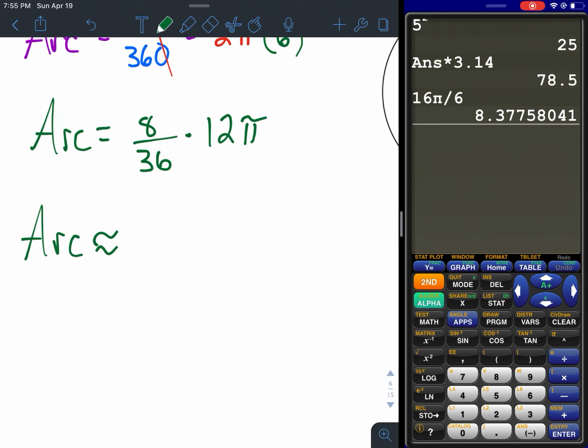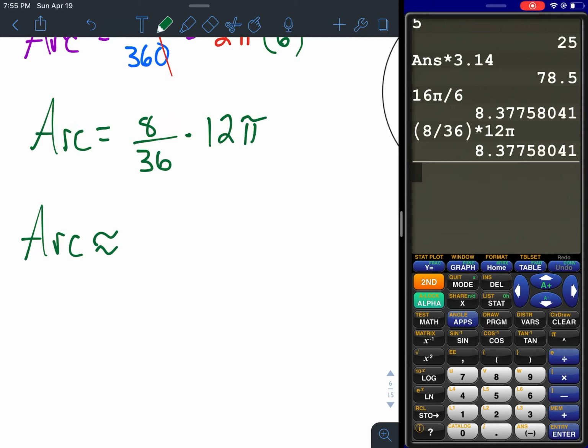You would have to say parentheses 8 divided by 36 times 12 pi. You hit enter, and that is about 8.37, or 8.38 if you round to the nearest hundredth units.